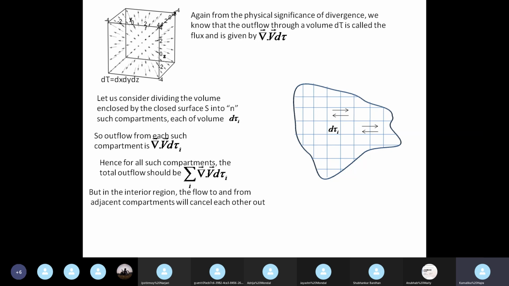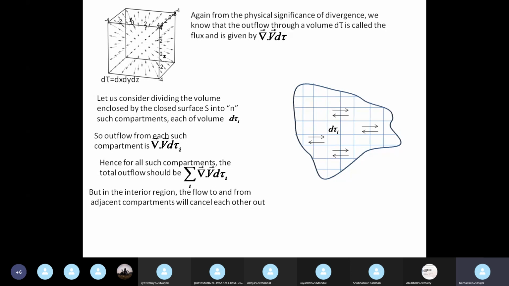Similarly, for a compartment like this, or even if you consider vertical flow, the flows between adjacent compartments are equal and they will cancel each other out in the core of the body of the enclosure, because we have divided it up into equal parts.